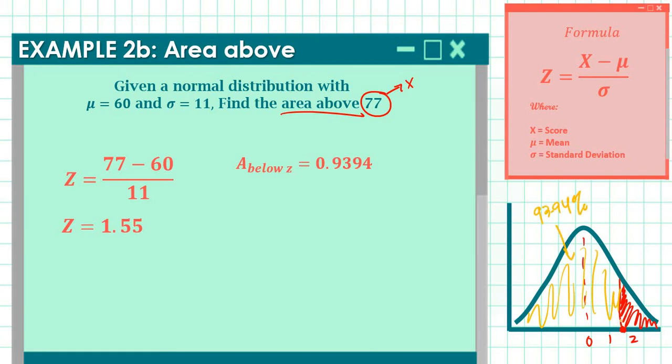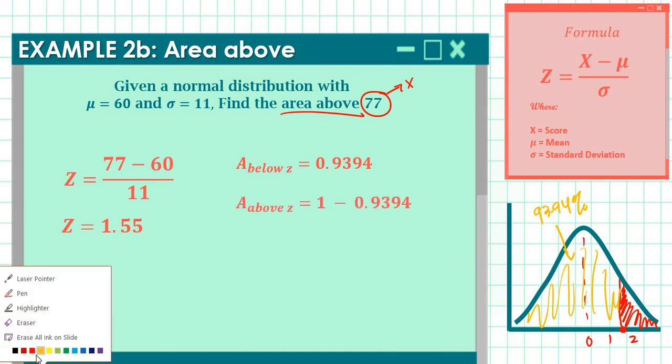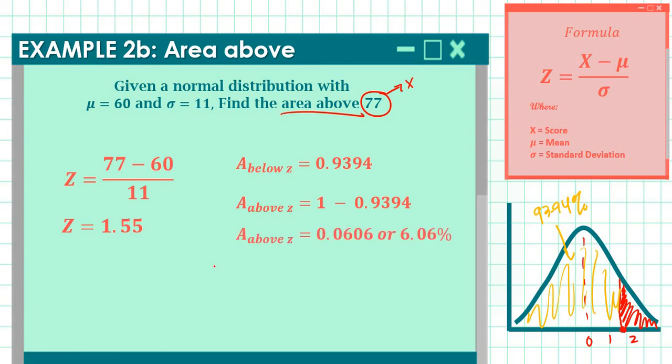If we want to solve for the area above, what we need to do with that value is to subtract it from 1. And if we subtract, the answer will be 6.06%. So this portion is 6.06%. Notice, class, that the area below and the area above, when you add them, it should be equal to 100% or 1.